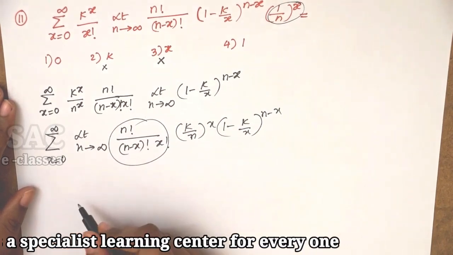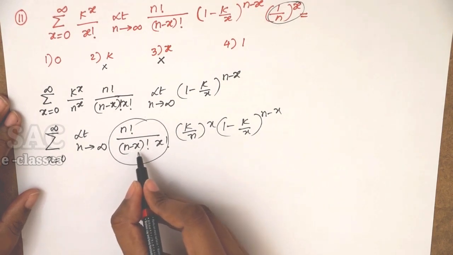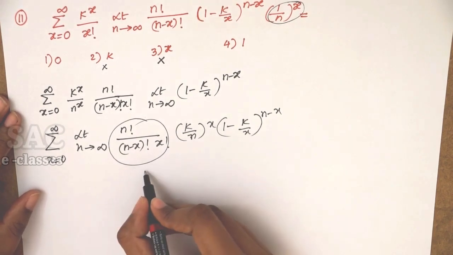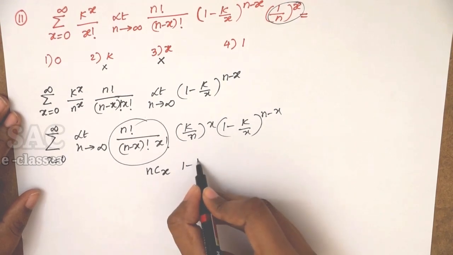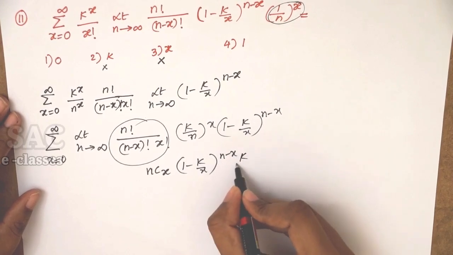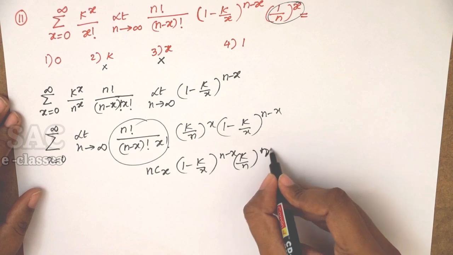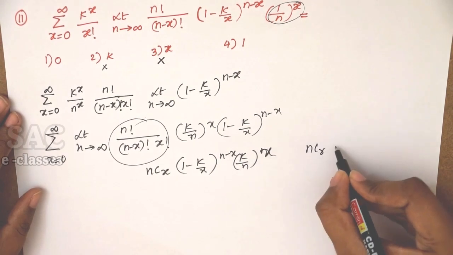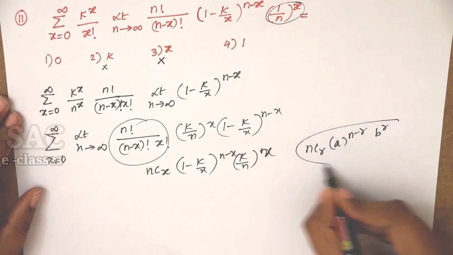If you observe, this total is looking like n factorial by (n minus r) factorial into r factorial. So you can write this as nCx (1 minus k by n) whole power n minus x into (k by n) whole power x. So clearly it is looking like nCr a power n minus r into b power r.